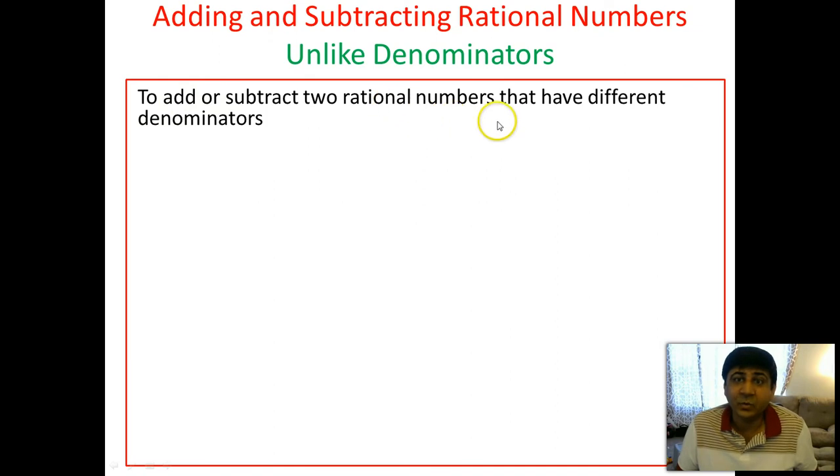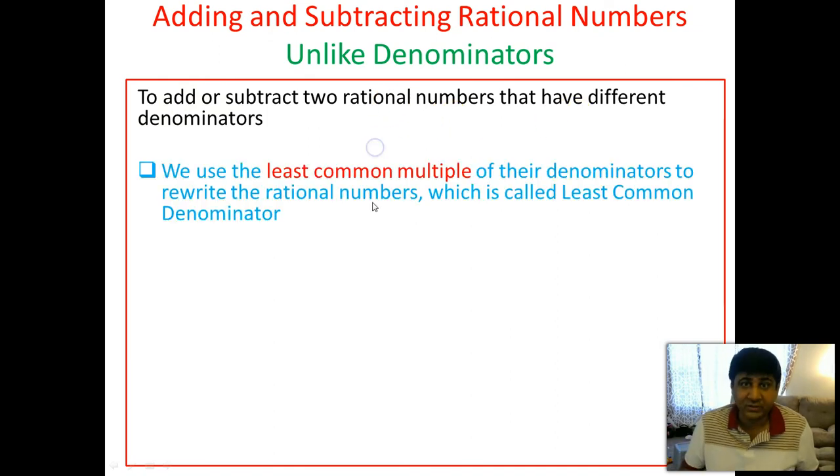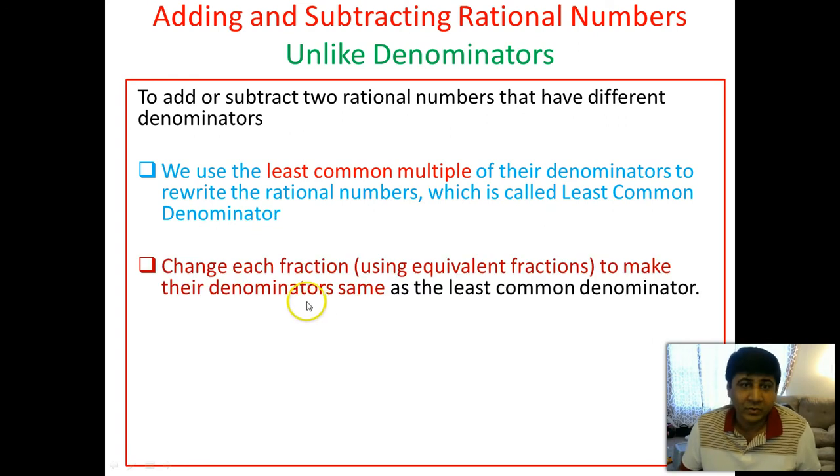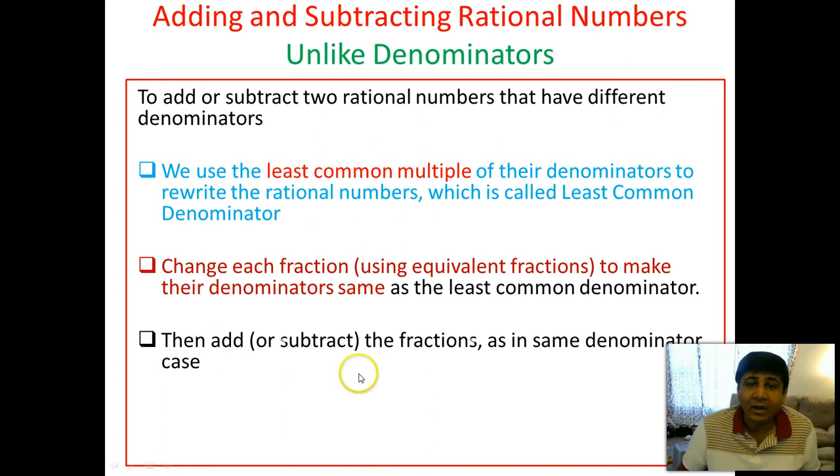To add or subtract two rational numbers that have different denominators, we need the LCM, the least common multiple of the denominators, to rewrite the rational numbers; this is called the least common denominator. So what do you do then? Change each fraction to make its denominator the same as the least common denominator, which is just the LCM. Then add or subtract the fractions as in the same denominator case.